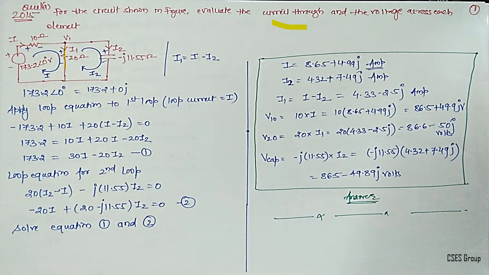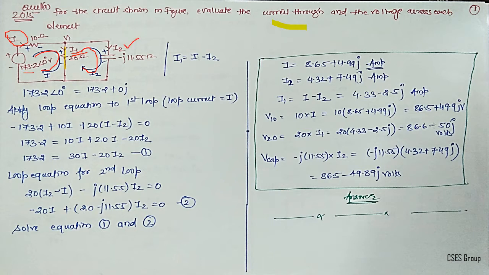So I am writing the loop equation for the first loop, the left-hand side loop, and the other loop here, and I am writing the current notations this way. The current flowing through this 10 ohm resistance is I, through this 20 ohm is I1, and through this capacitor it is I2.